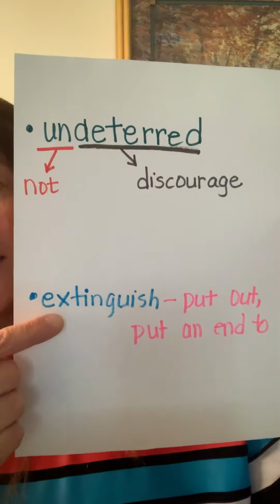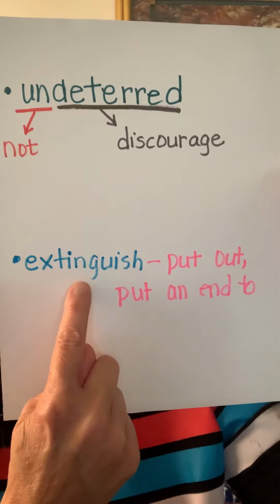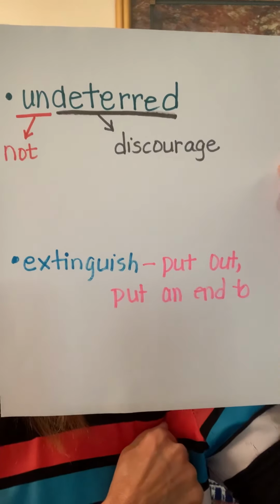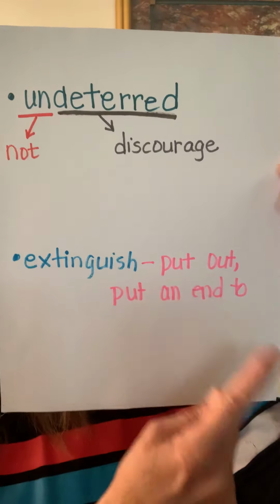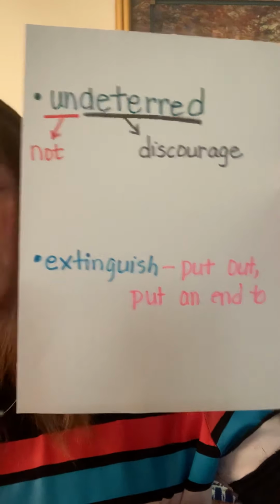And then we have extinguished, and you guys have heard of extinguished before with the fire extinguisher, right? So we use a fire extinguisher to put out fires. So extinguish means to put out or put an end to. Those are 2 words that are really important to know when we're summarizing our story for our lesson this week.